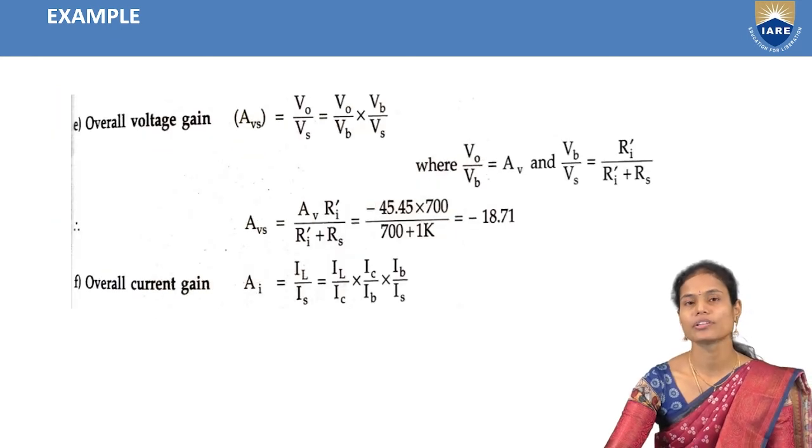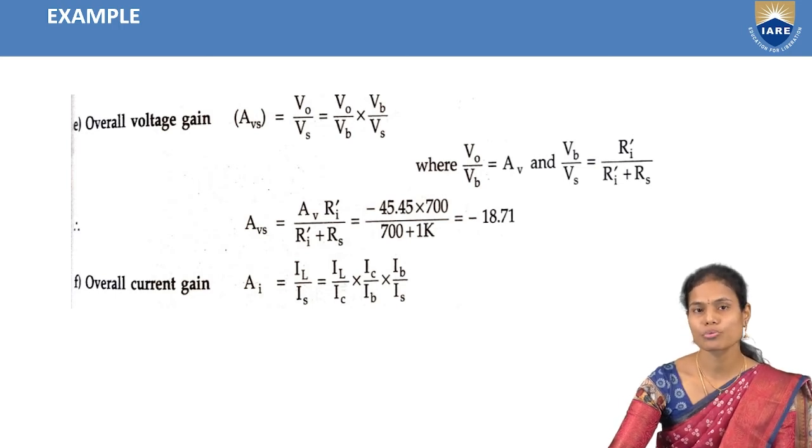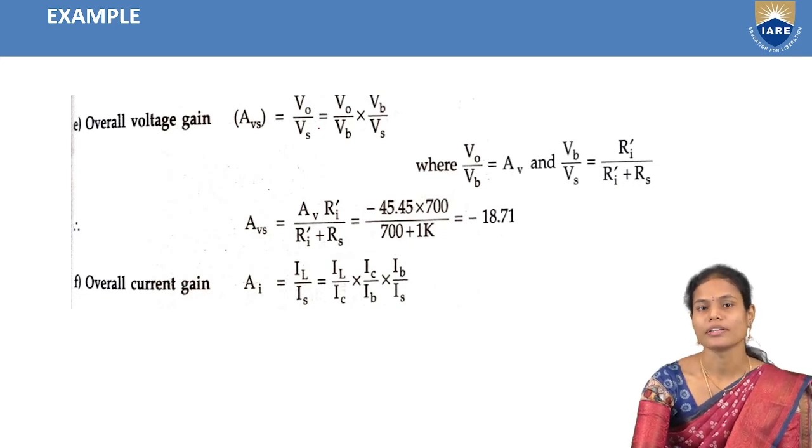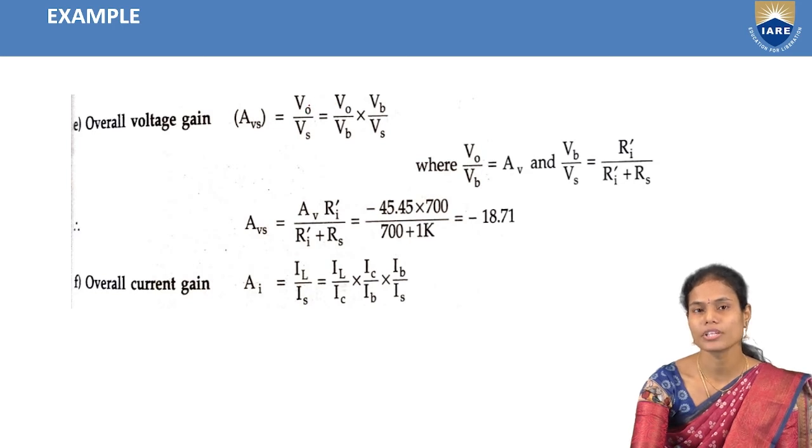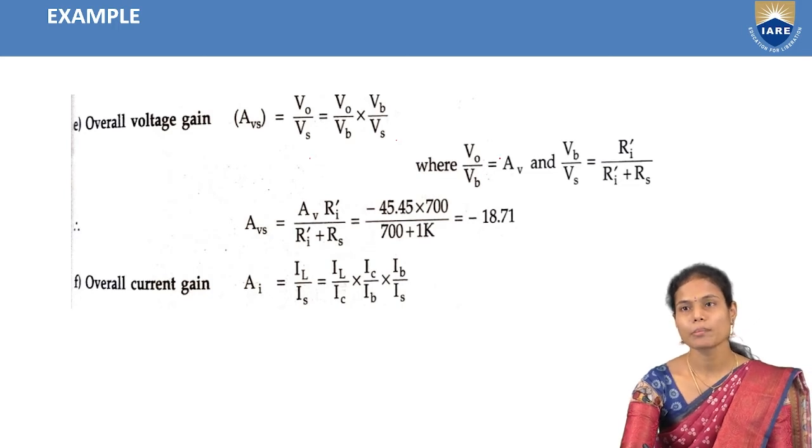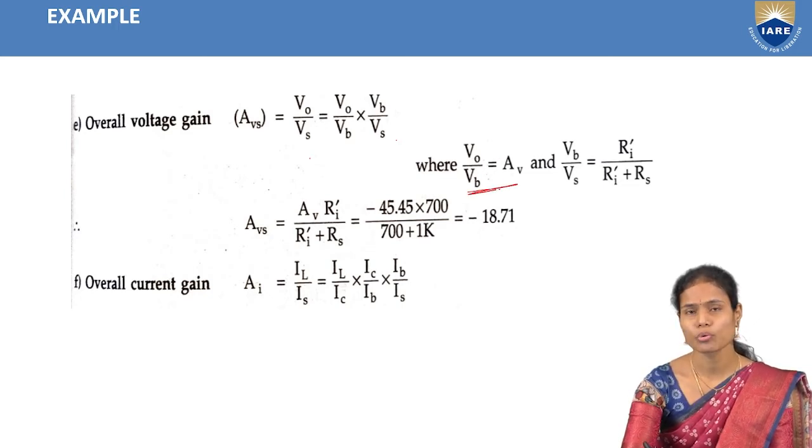And next, we need to find the overall voltage gain as well as overall current gain by taking the source resistance into account. If we write the voltage gain in terms of source resistance, the gain is V0 by Vs instead of V0 by Vi. So we can write it as V0 by Vb into Vb by Vs. Here V0 by Vb is the voltage gain of this common emitter amplifier.